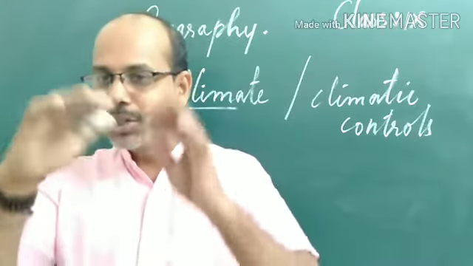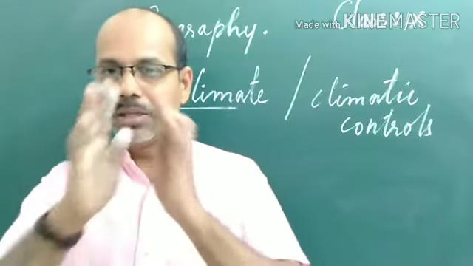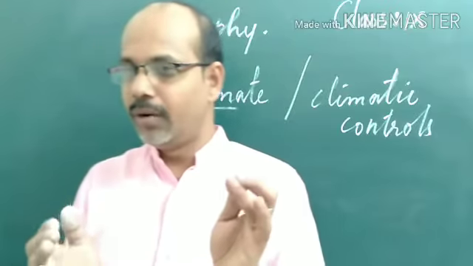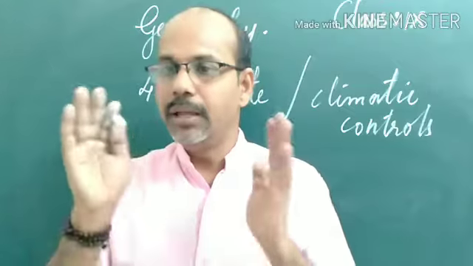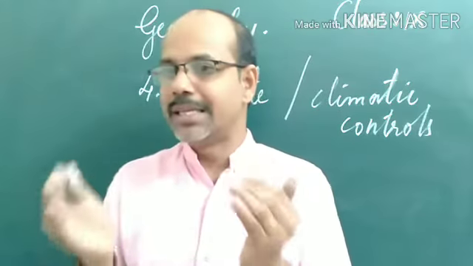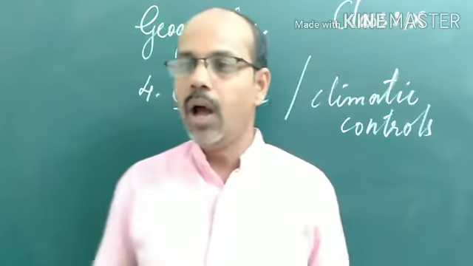Due to the curvature of the earth, we know that the earth is not flat, it has a curved shape. Because of this curvature, the amount of solar energy received varies according to the latitude.